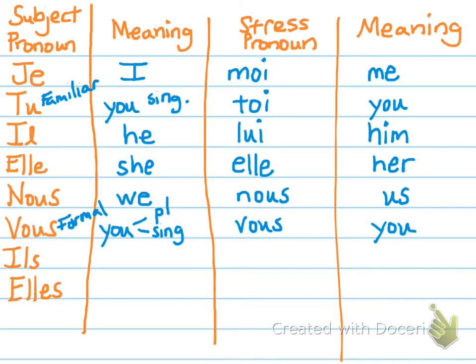Ils means they. Remember, this is either an all-male group or a mixed group. The stress pronoun that corresponds to ils is eux, and that means them. Elles also means they, but now it's an all-female group.